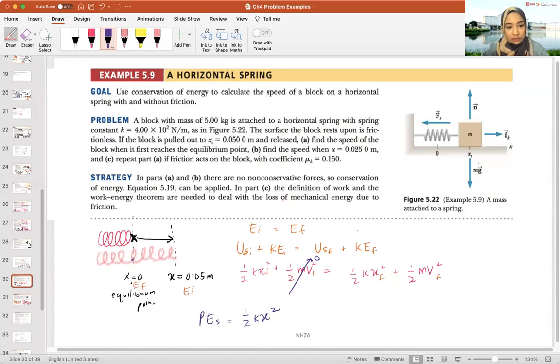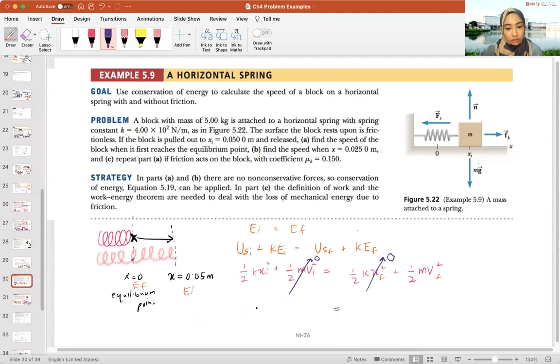If our equilibrium is equal to 0, therefore, dah tahu dah kan jawapan dia kan? Jawapan dia kosong lah. So look back at the x displacement. If it has displacement, then you would have PE. If it does not have displacement, from the equilibrium point, then it is equal to 0. So we know that for the final part of this equation, our PES ataupun US is going to be equal to 0 as well.